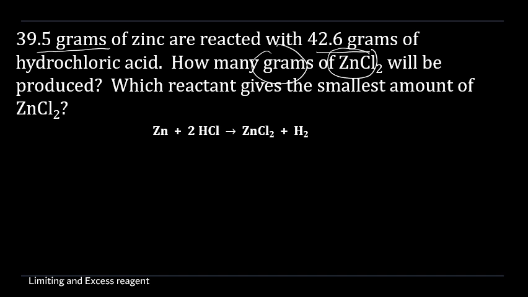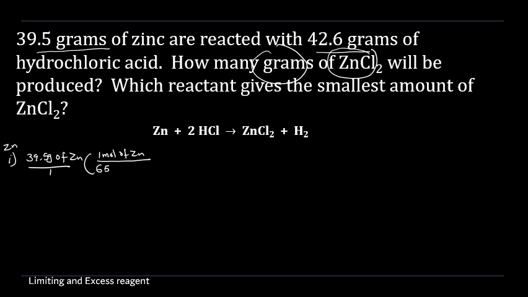Okay, so let's go ahead and start with the first one, which is Zn. So that means 39.5 grams of Zn times the conversion factor. I have to convert that into moles. Since the grams are given, I always have to convert that into moles to compare with our equation.